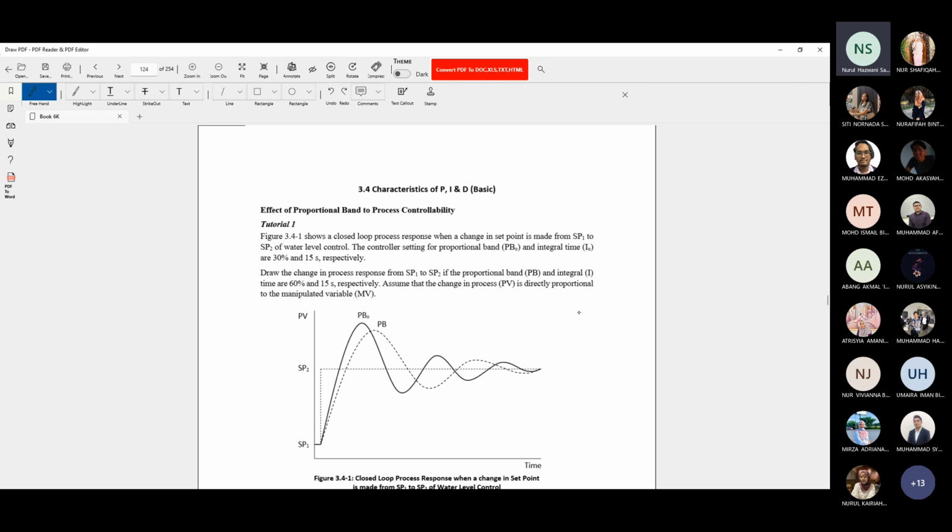Basically, kalau dalam example yang sebetulnya, there is no dash line here. You yang kena lukis. So based on the chart 1 tadi, you can say that bila you increase the value of PB, the response will move to the right. So you akan dapat this kind of response lah.